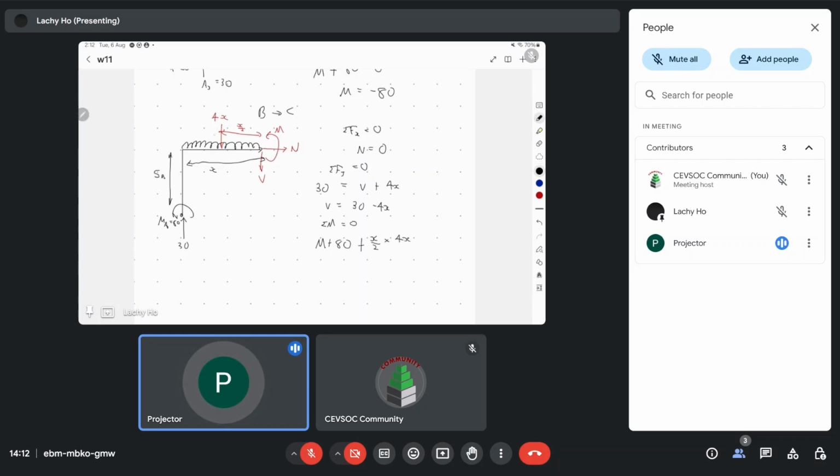So again, if I wanted to find a formula, I just have to put in a number and the answer will come out. So M is equal to minus 80 minus 2x squared, which I think is not right. I think it should be plus.